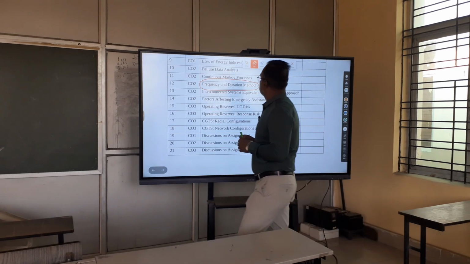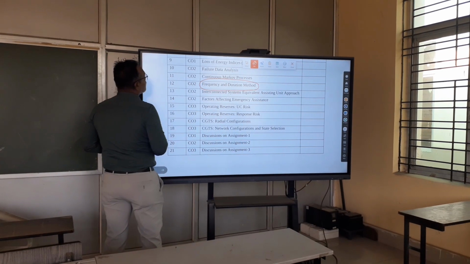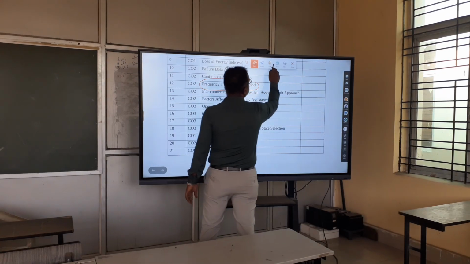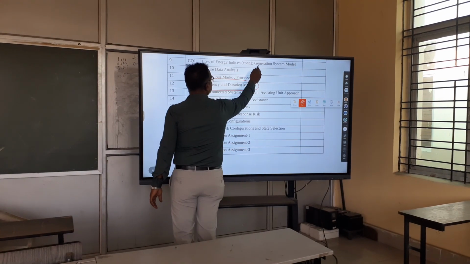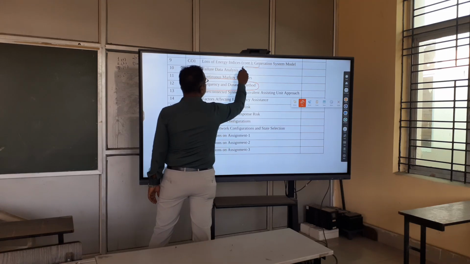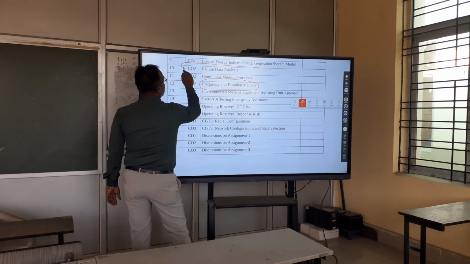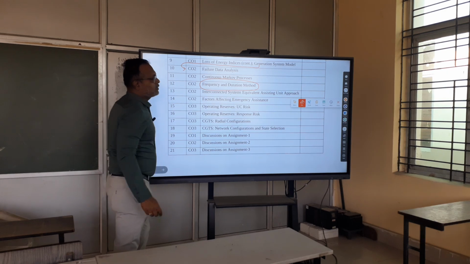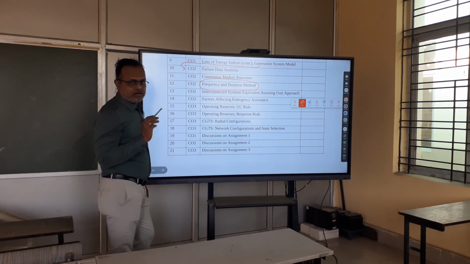So far we have discussed these three things. This generation system model, which is from the model 1, probabilistic reliability evaluation.